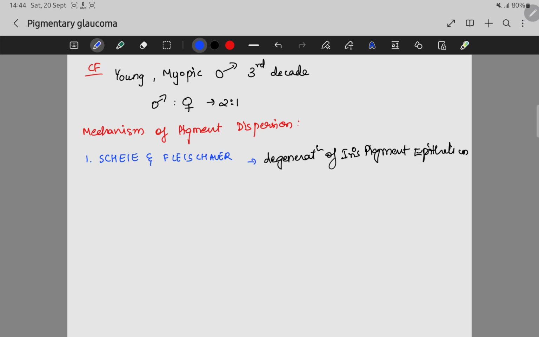Then there is another theory, that is elongated anterior zonules which are pigmented, which are encroaching the central visual axis.